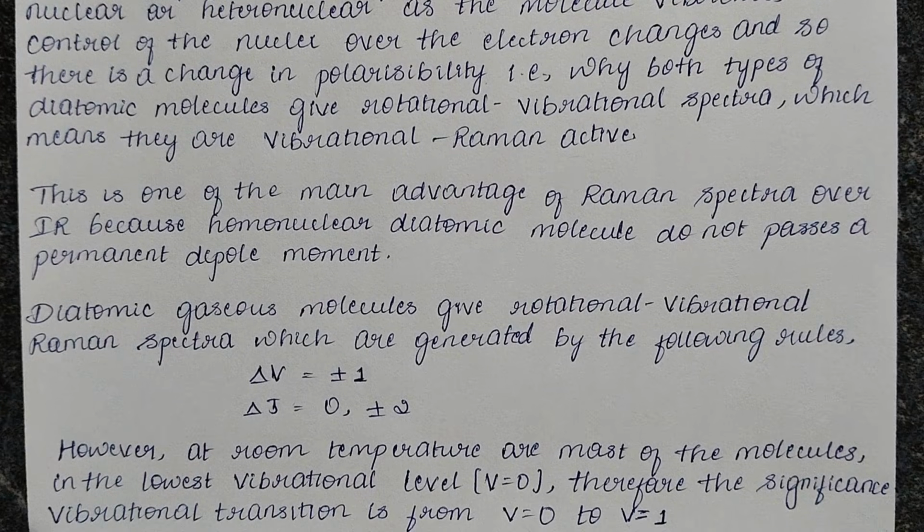However, at room temperature most of the molecules are in their lowest vibrational energy level, which we know. Almost all the molecules will be in the level V equal to 0. Therefore the significant vibrational transition we can expect will be V0 to V1.